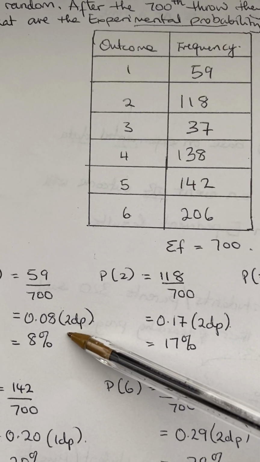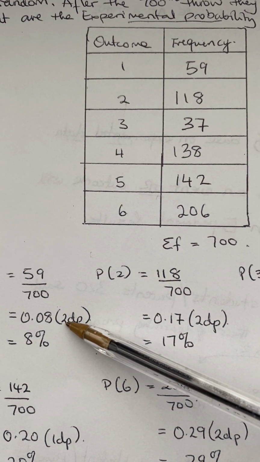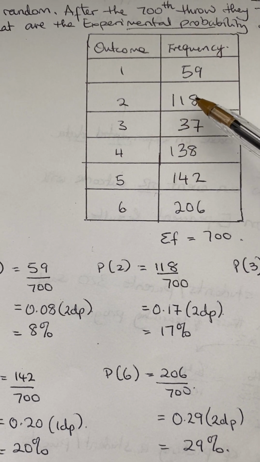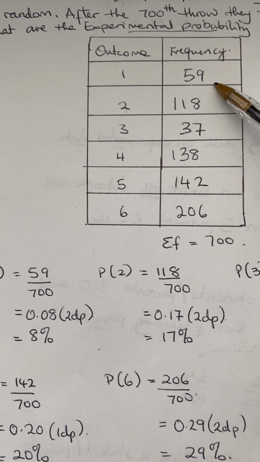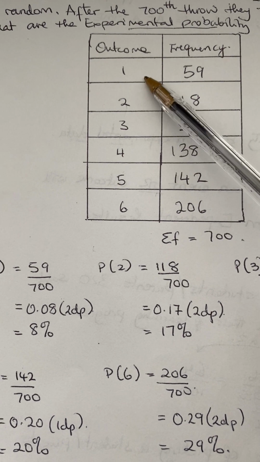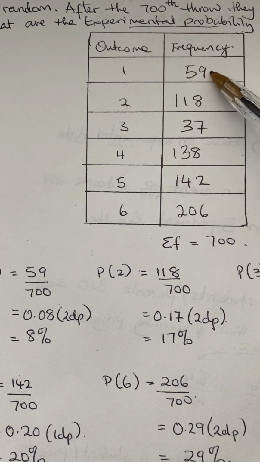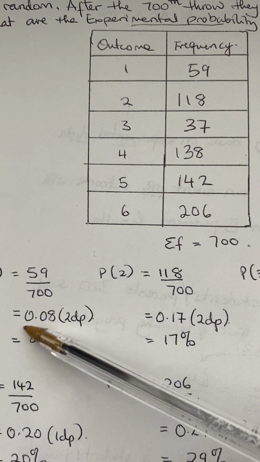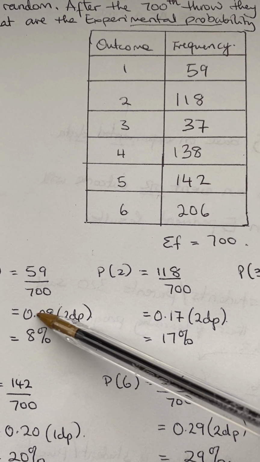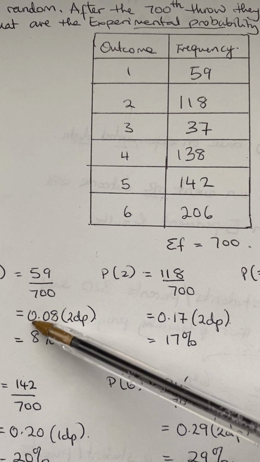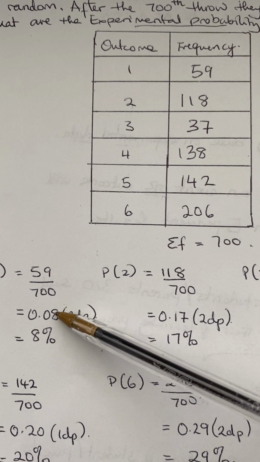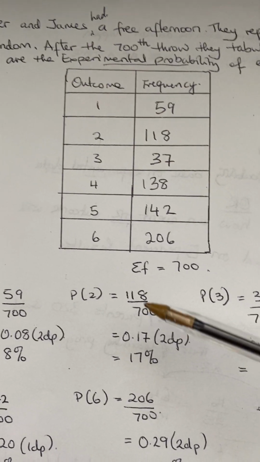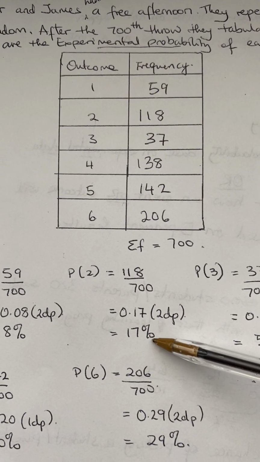That's why it's called relative frequency. But just finding the probability of their outcome from the experiment and multiplying by 100, now you know this is 8%, which makes a lot more sense to you than 0.08. Now, with a 2, they got 17.